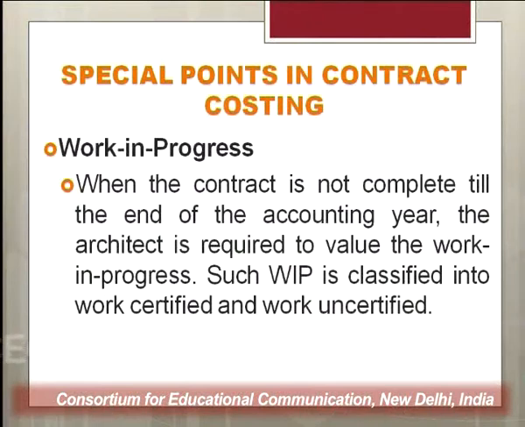What it means is that when the contractor is doing a job, at certain intervals, I would say, the architect certifies to what extent the work has been completed. As per the contractor's version, the work is under progress and we are doing this much of work. So that is called work in progress.